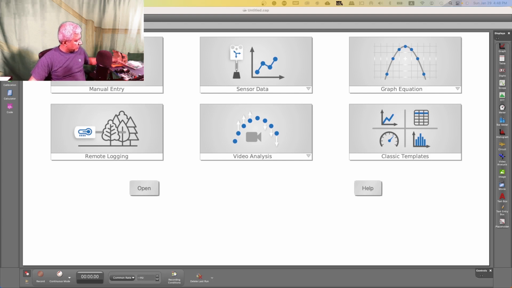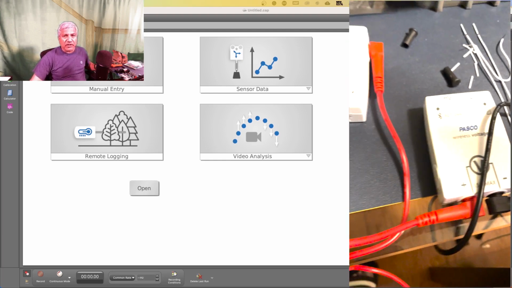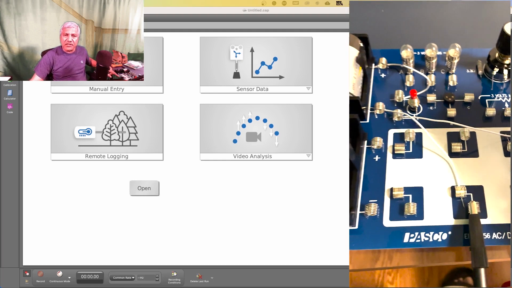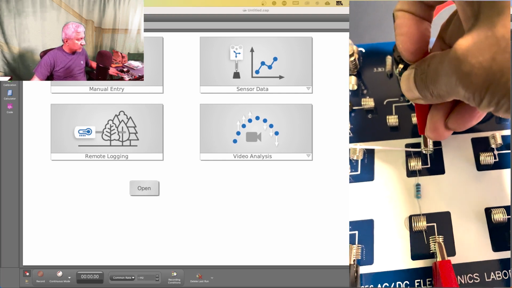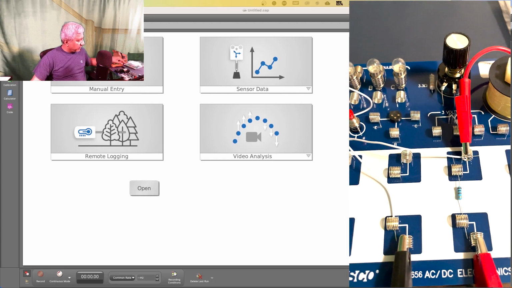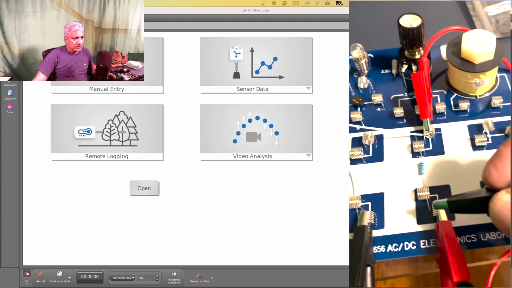as I'm showing you right now, making sure that the current is measured in series. So the current sensor must be connected in series and the voltage sensor must be connected in parallel.